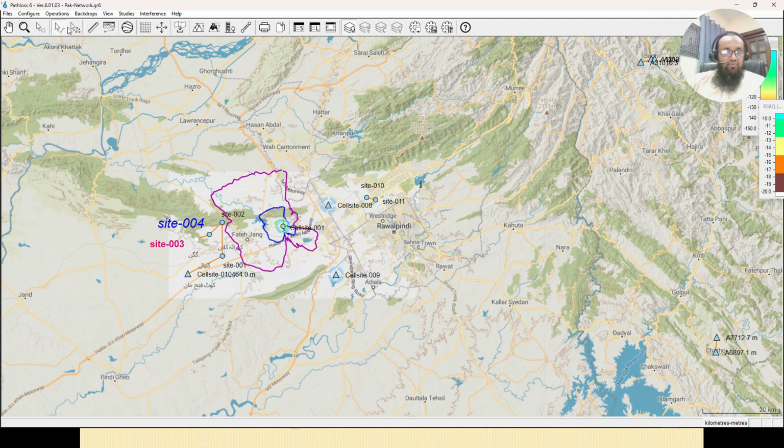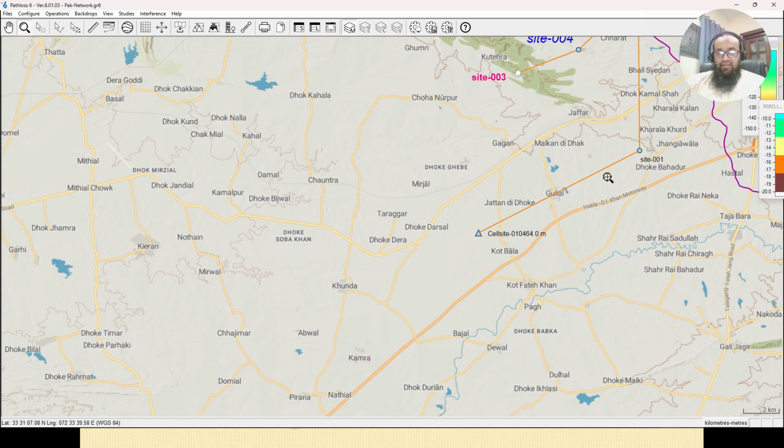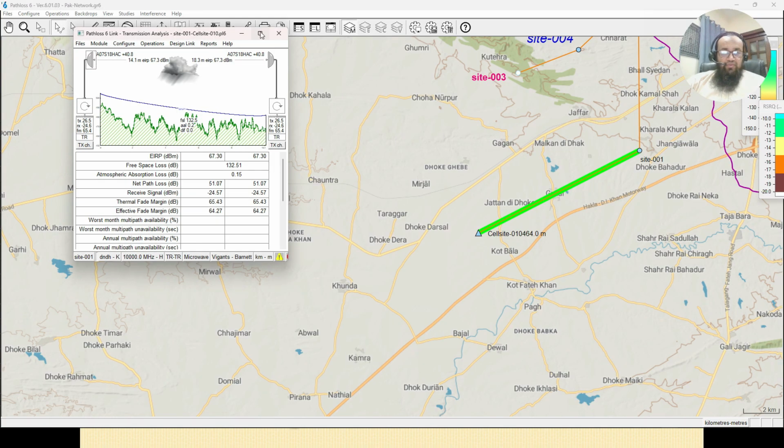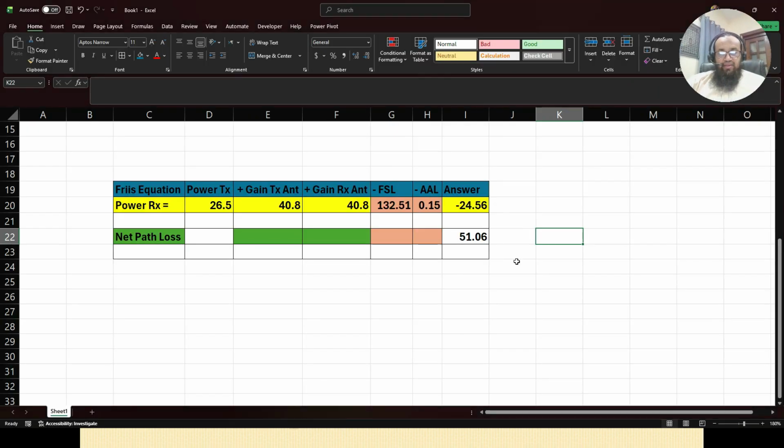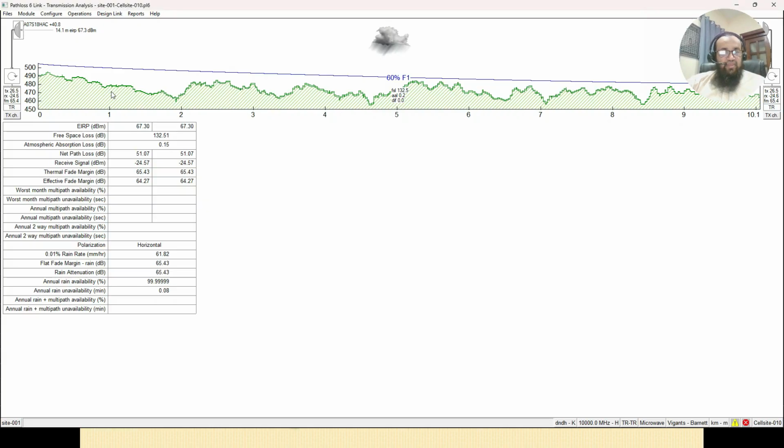If you are following, this is a link that I created. I have already made a small plan of the link. If you see here, the net path loss is 51.07. It is almost the same; I calculated 51.06, and there may be a very small difference.